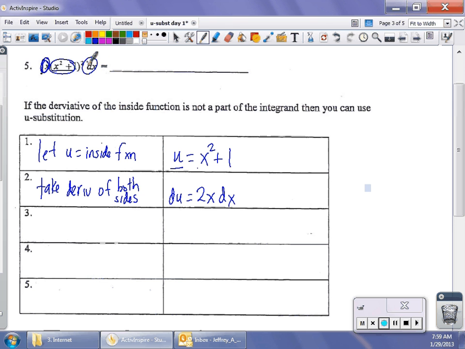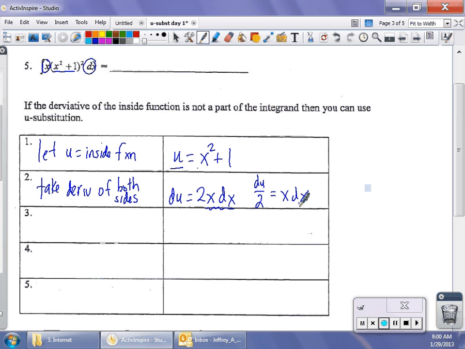So let me clean that up a little bit for you. I need a replacement for x squared plus 1, and I need a replacement for the x and the dx. So notice in step number 2, I have an x dx sitting right here, and to get that by itself, I'm going to divide both sides by 2. So du over 2 is equal to x dx.